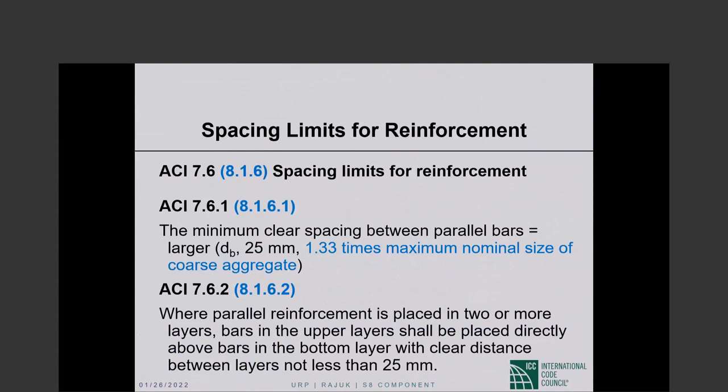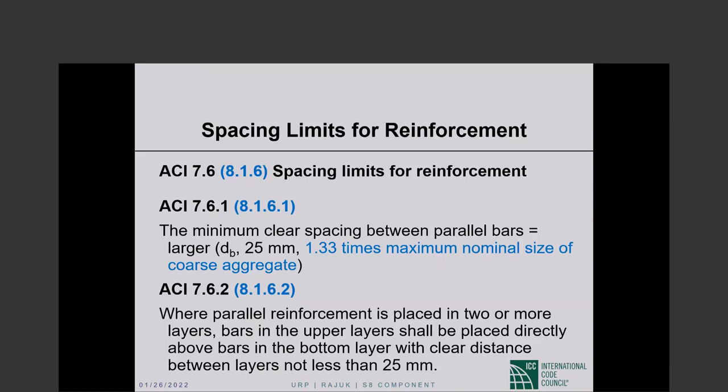Okay, so spacing limits for reinforcement. The minimum clear spacing between parallel bars, very important. In a beam, you have, let us say, 3 bars.